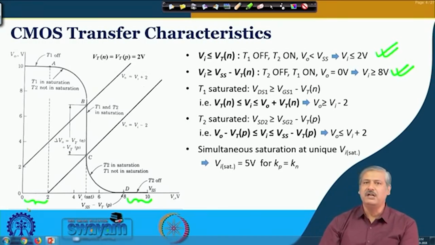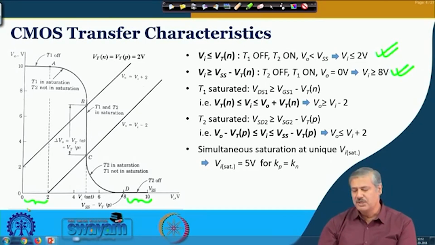And we have already noted earlier in the NMOS logic inverter discussion that the pinch off occurs when VDS is equal to VGS minus VT. We remember that for the NMOS. So whenever VDS is greater than VGS minus VT, that will be the saturation region.